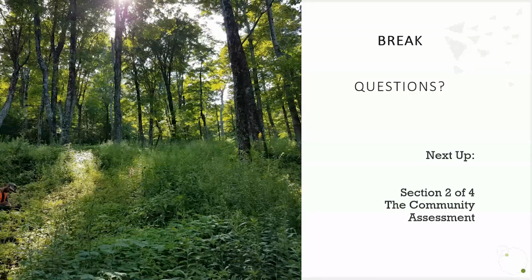Thanks for that comment, Susan. There certainly can be a tension there. But what we're really thinking about is this ecologically functional landscape. We understand that there are going to be a variety of activities occurring within these forest blocks.